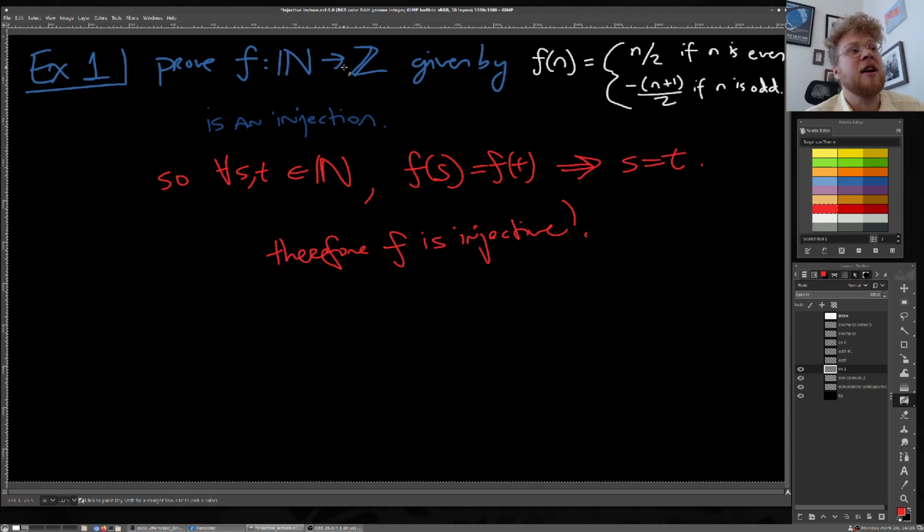As a really quick aside, is it the only injective function from the natural numbers to Z? Of course not.